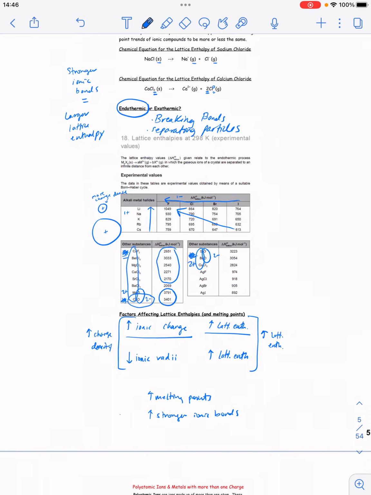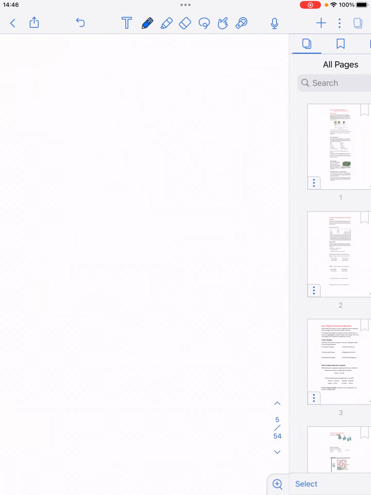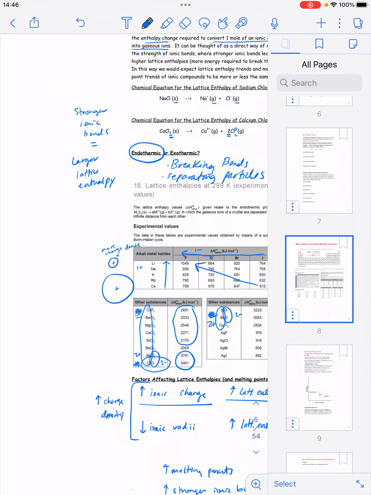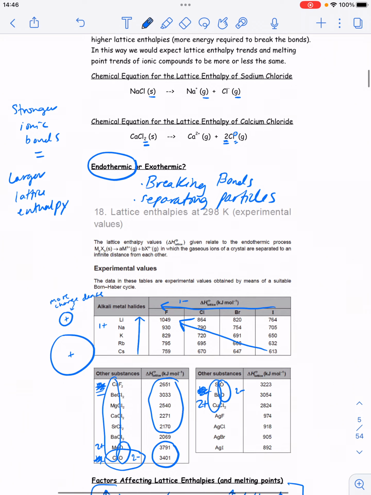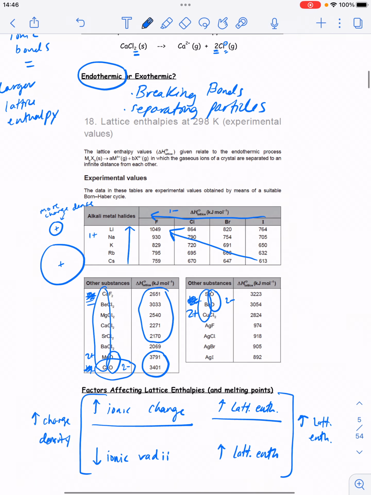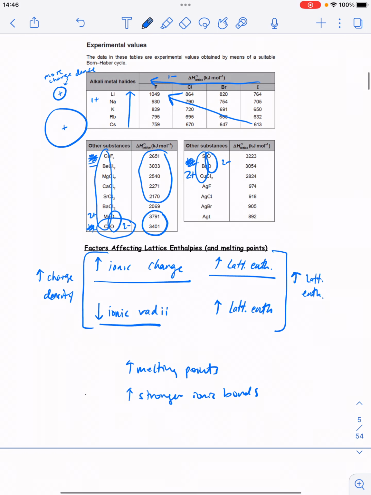Lattice enthalpy gets brought up a lot on the HL exam. You should know its definition, know how to represent it in an equation. As shown here, state symbols are important. You should know it's endothermic, and you should know these various factors about charge and radii and charge density and how they affect lattice enthalpy, and be ready to explain them in words on paper 2.